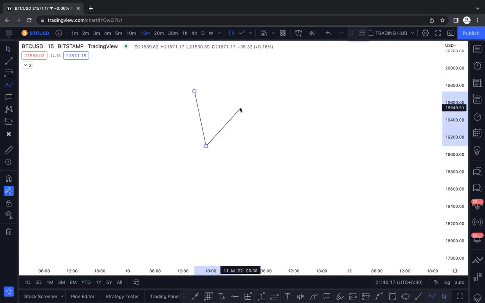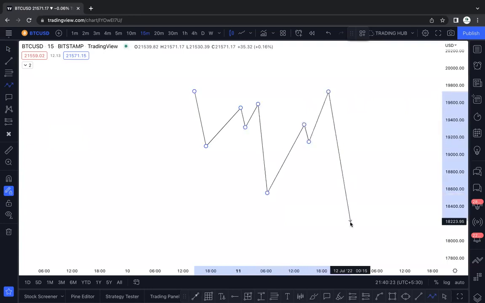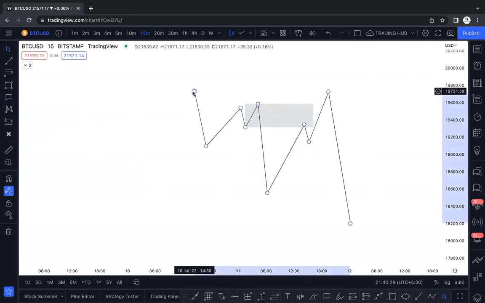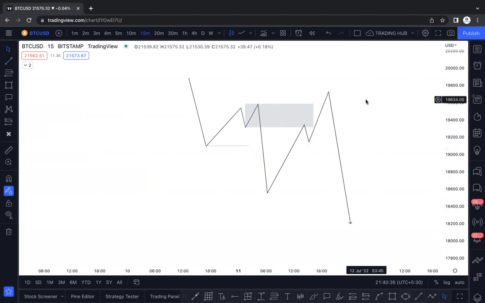For example, you are selling here, and then the market hits this stop loss and pushes downside like this. This is a lower time frame. So the same thing is happening with you, or a different story?